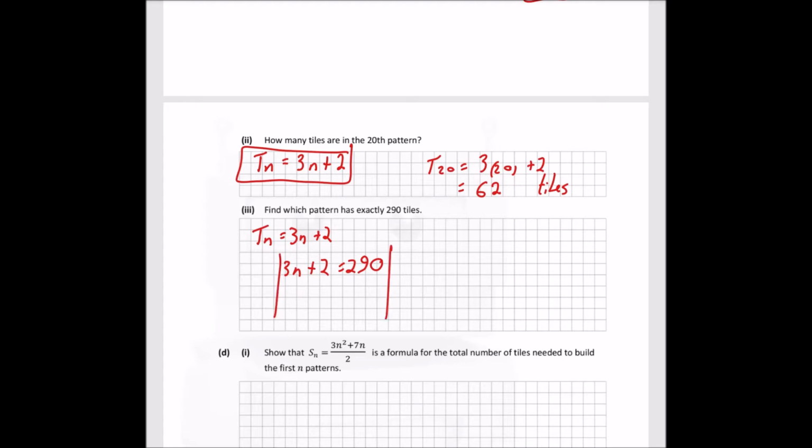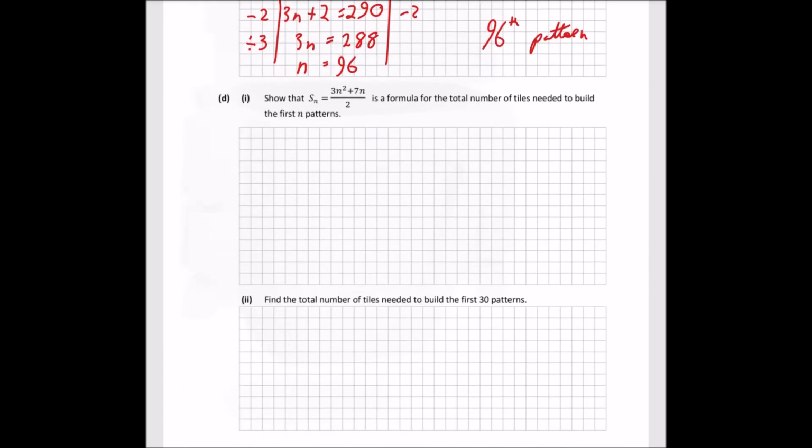Or we could do a bit of algebra. Take 2 away from this side, 2 away from this side, we're left with 3n equals 288. And then we divide by 3 on this side, we get n, and divide by 3 on this side, and we get 96. So which pattern has exactly 290 tiles? The 96th pattern.